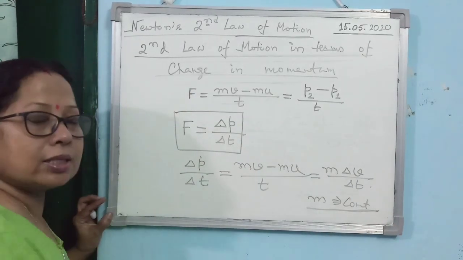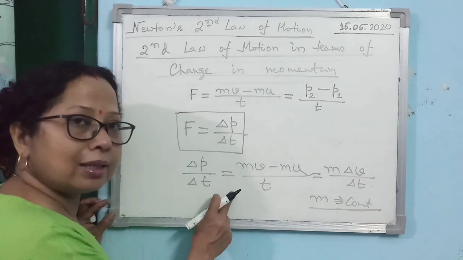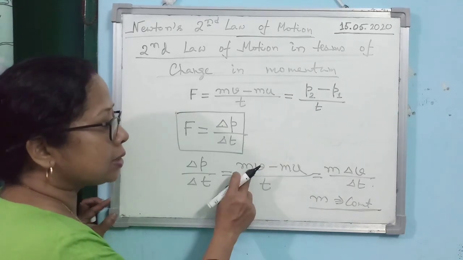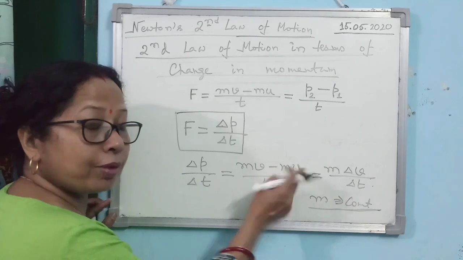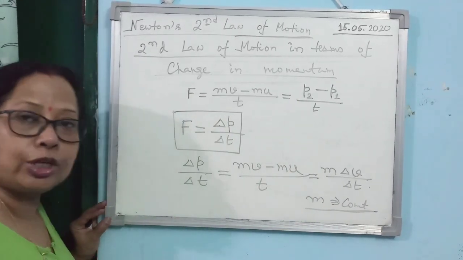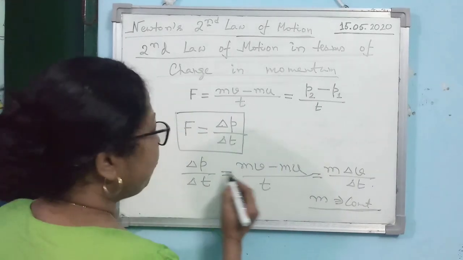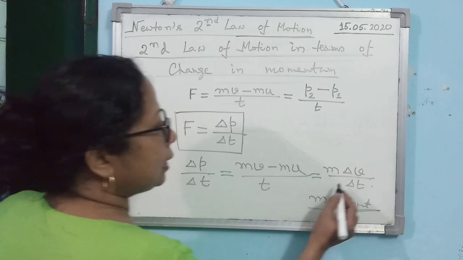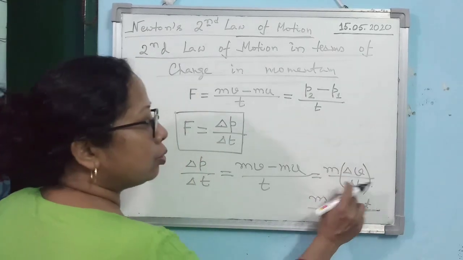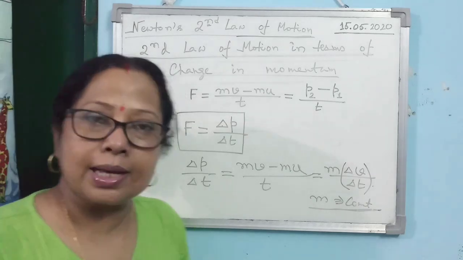If mass is constant, the mass will remain the same, then only you can take mass outside the bracket. So when you take mass outside, it will become v minus u. v minus u is what? Change in velocity. How do we represent the change? By writing the term delta along with the velocity. So you see, one can write delta p by delta t as m into delta v by delta t. Is that clear? Everybody has got it?